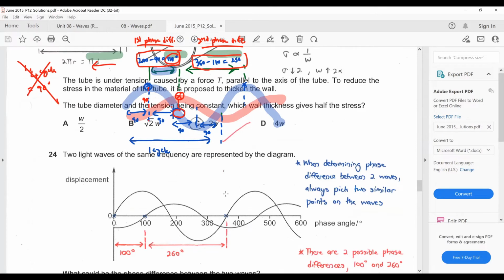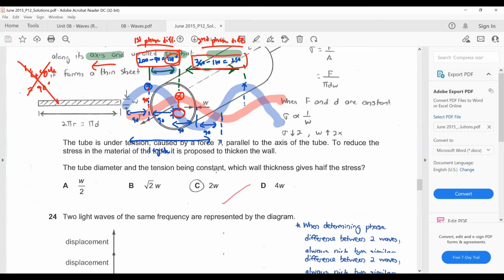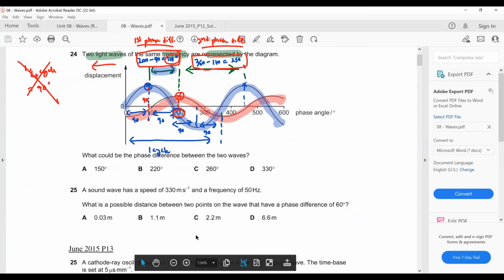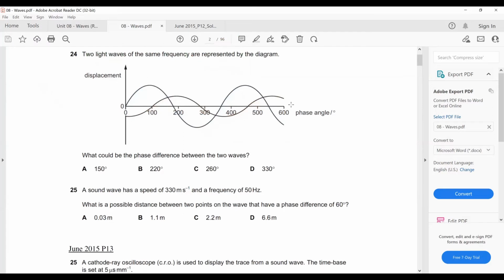Oh, I used a different point. Okay, wait. I used this point. It's supposed to be 360. And this part here is supposed to be 90. Okay, let me clear out everything here. Oh, okay, I think I know why already.